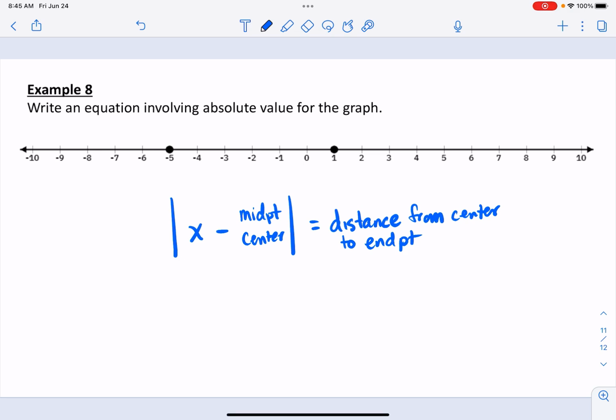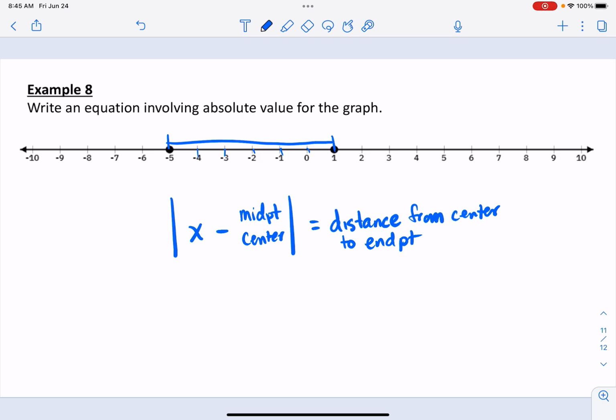So I need to find the midpoint, the average of negative 5 and 1. So I need to find the center. What's the length of this segment? 1, 2, 3, 4, 5, 6. So that segment is 6.